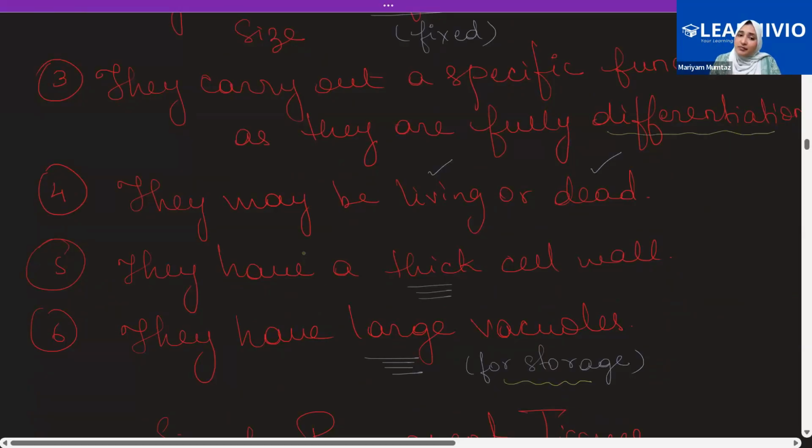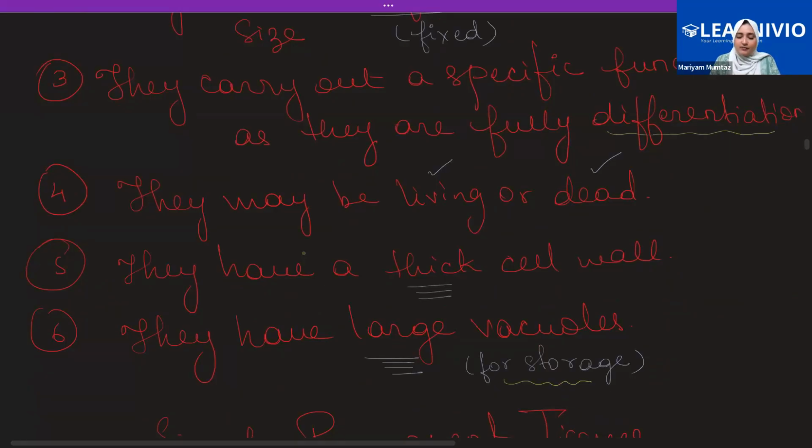Meaning they have been made permanent in such a way that they cannot be doing any kind of work other than the function that they have been prescribed to do. Now, these tissues may be living or they may be dead. Some of them are dead and they provide support, and the ones that are living have different other mechanisms, but always remember they will not be divided.